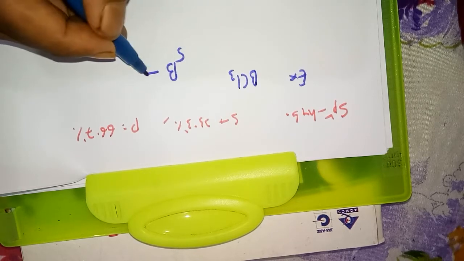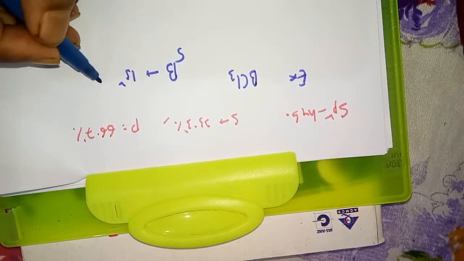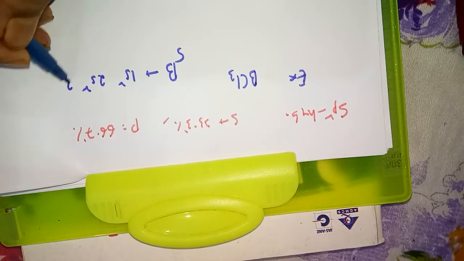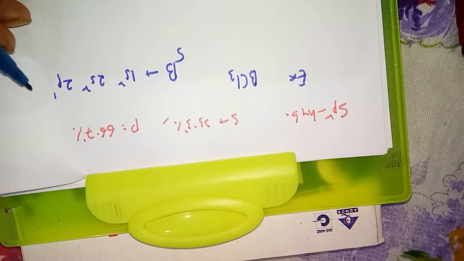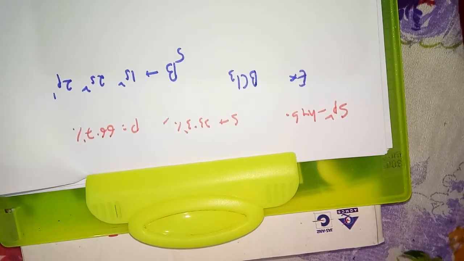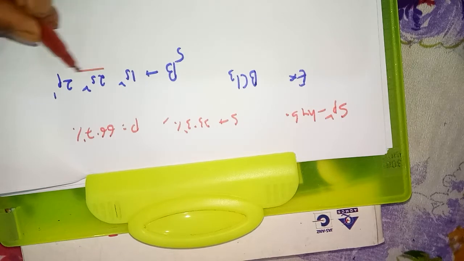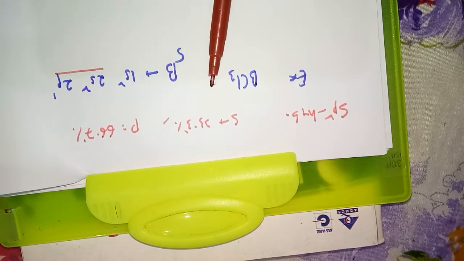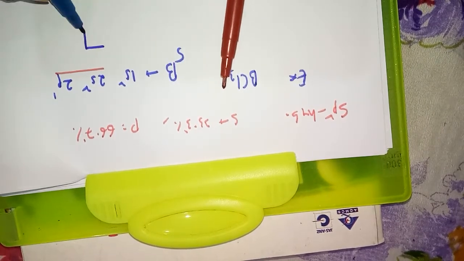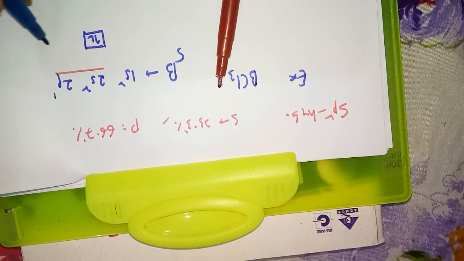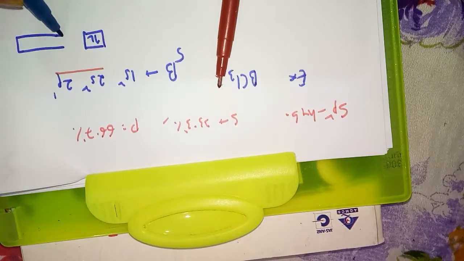boron 5, electronic configuration 1s2, 2s2, 2p1. So this will be your valence shell. Now the valence shell undergoes hybridization. This is your 2s2, this is your 2p1.